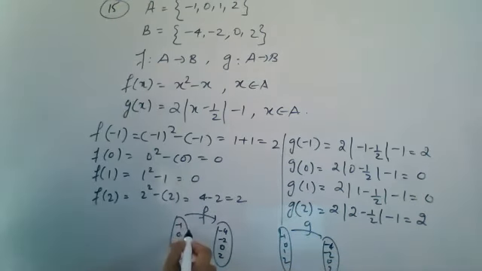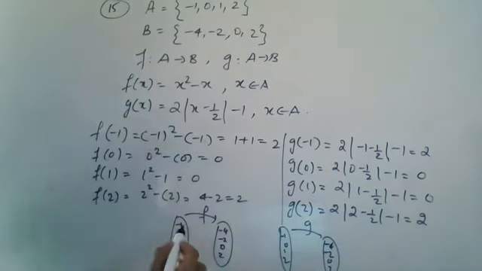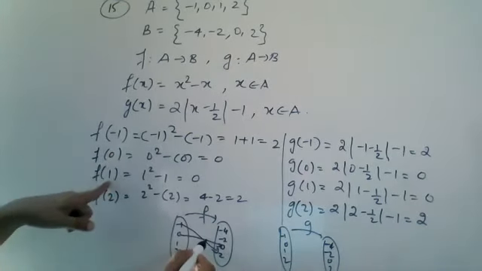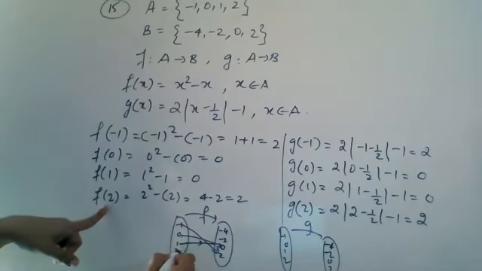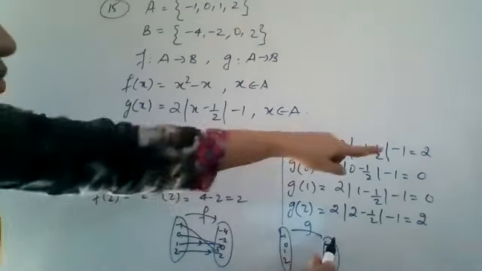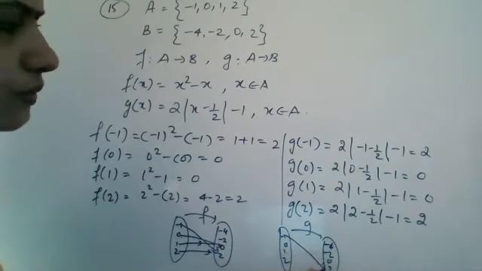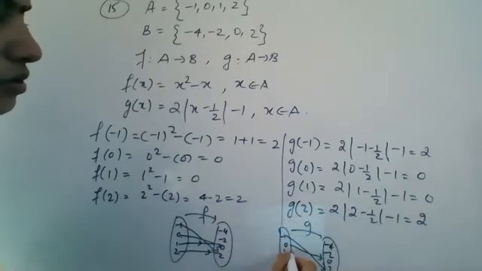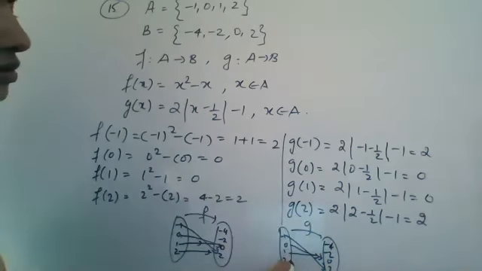So you will get the connections like this. -1 is going to 2, 0 is going to 0, 1 is going to 0, and 2 is going to 2. For g again, -1 is going to 2, 0 is going to 0, 1 is going to 0 and 2 is going to 2.